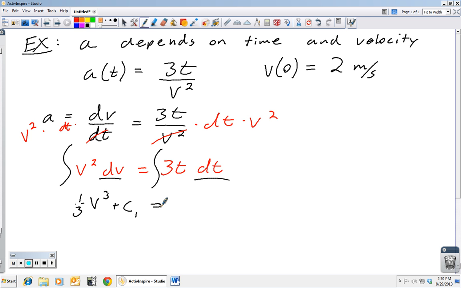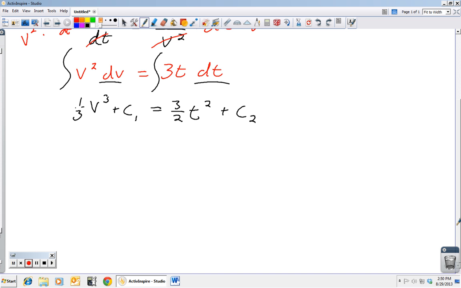And on the right side, we're going to have 3/2 t squared plus c2. Moving the c1 over to the other side, we've got c2 minus c1, which is just another constant of integration. Let's call it c. So now we've got 1/3 v cubed is equal to 3/2 t squared plus c.